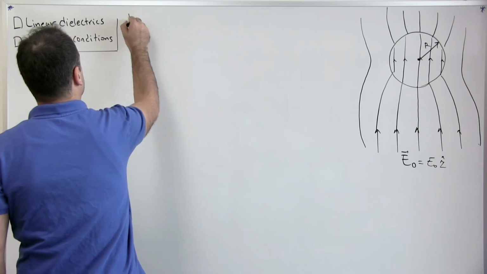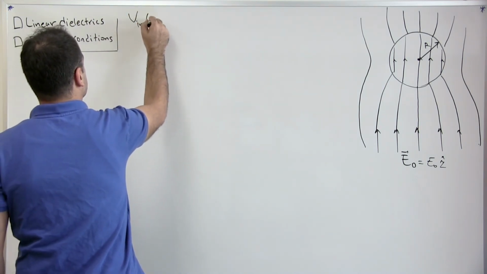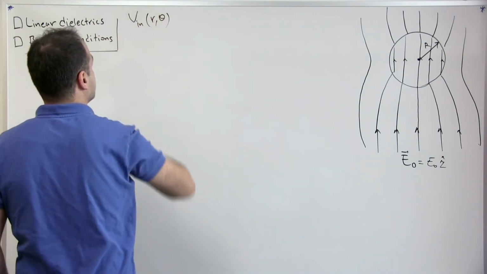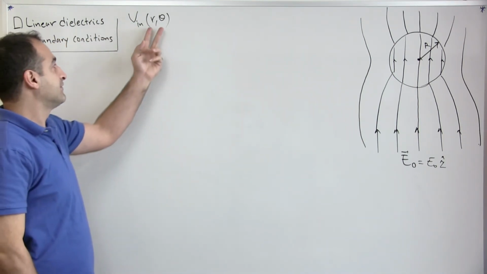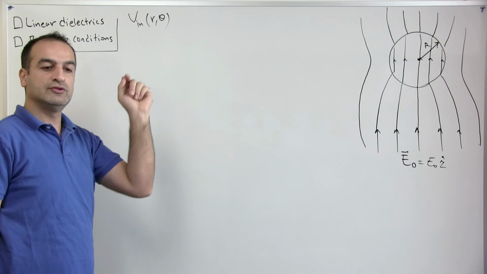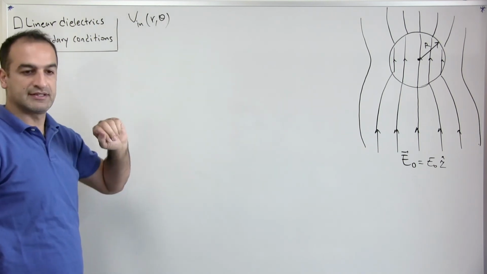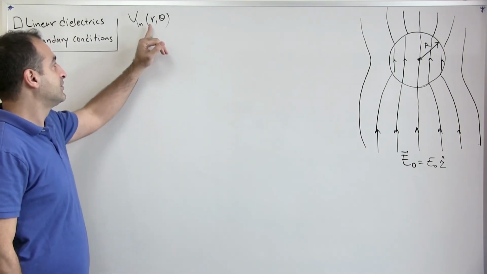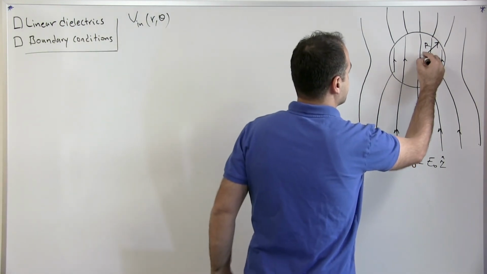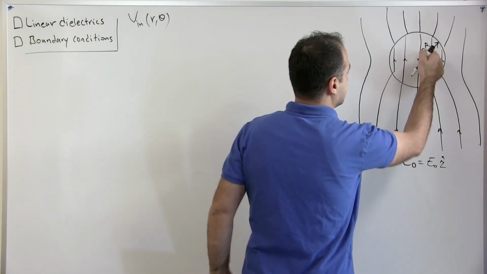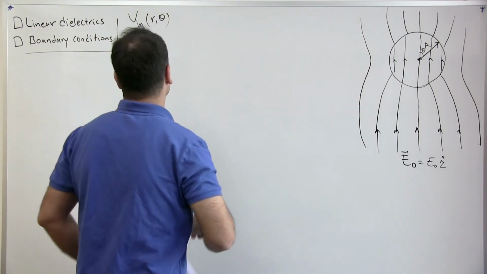One of them I'm going to call V in, which is a function of r and theta. These are the parameters of the spherical coordinates. I don't need to use phi because of the symmetry. So what is important is r and theta. r is the distance to the center, and theta is the polar angle.